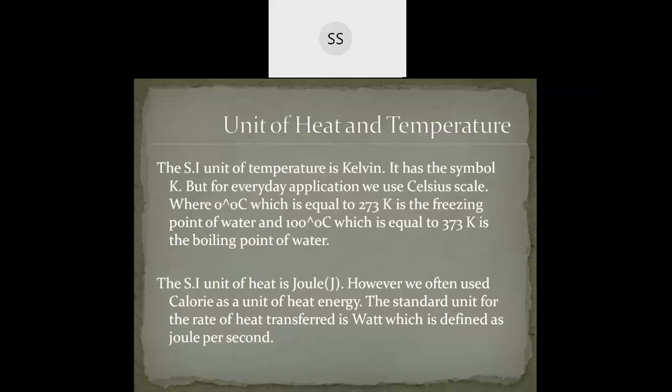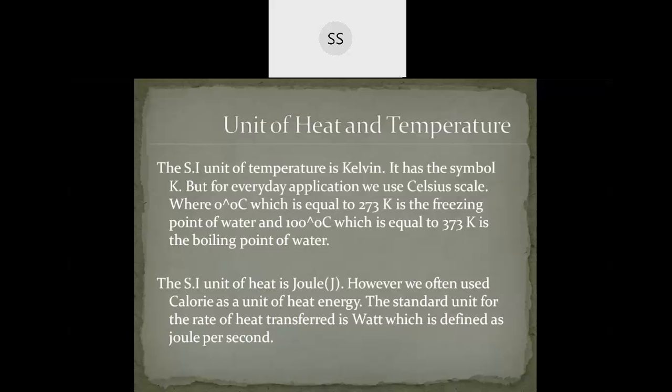0 degrees Celsius is equal to 273 Kelvin. That means when we measure the freezing point of water on the Celsius scale, it is 0 degrees Celsius, and on the Kelvin scale, it is 273 Kelvin.